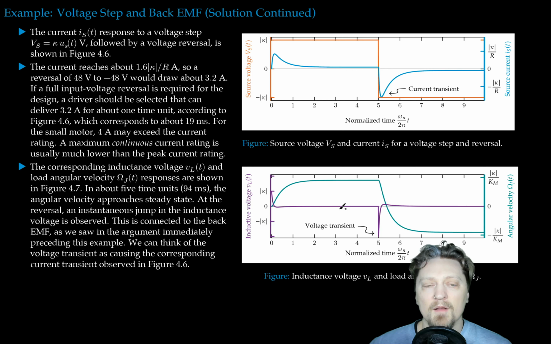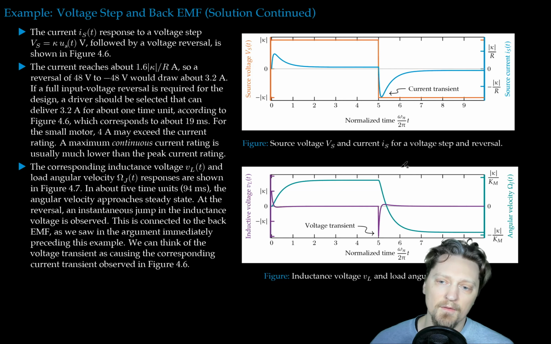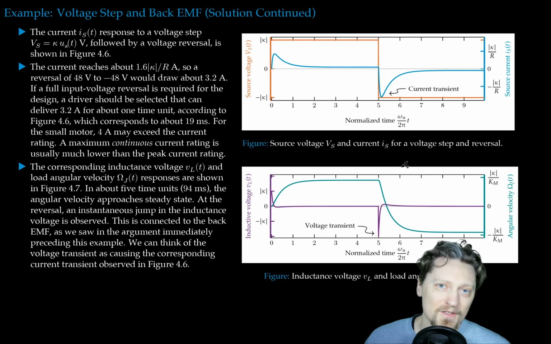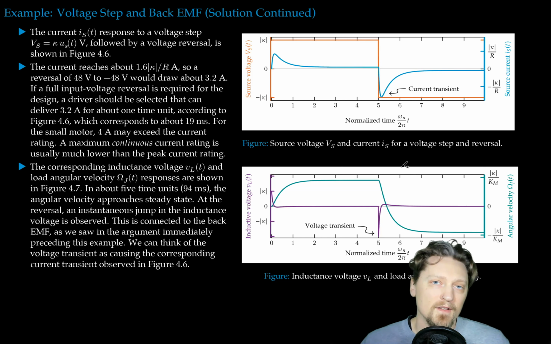This is connected to the back EMF, as we saw in the argument immediately preceding the example. The current transient here we can think of as being caused by this voltage transient, which is in turn caused by the back EMF.